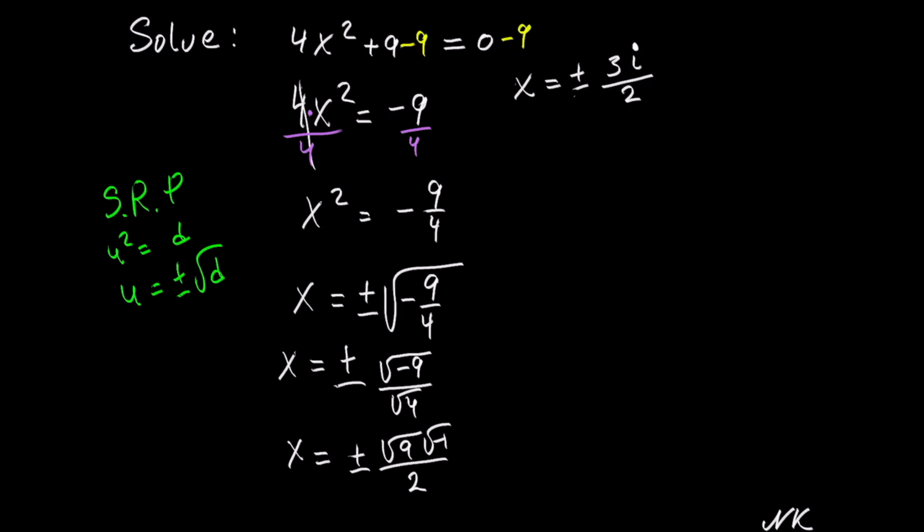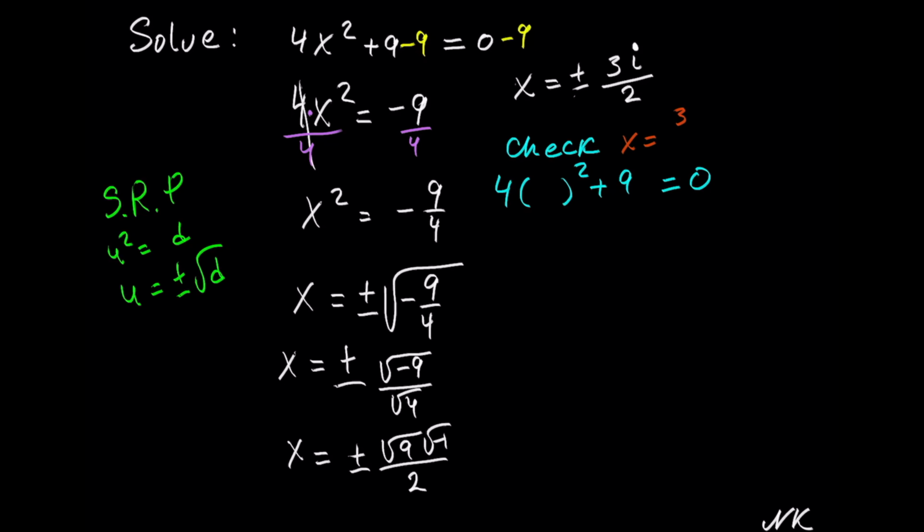Let's check our solutions by plugging them into the original equation of 4 times x squared plus 9, and that has to be equal to 0. Let's begin by plugging in x equals to positive 3i out of 2.